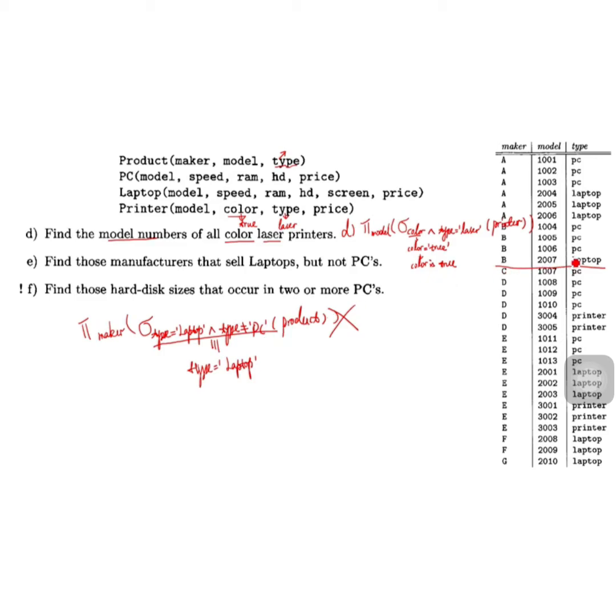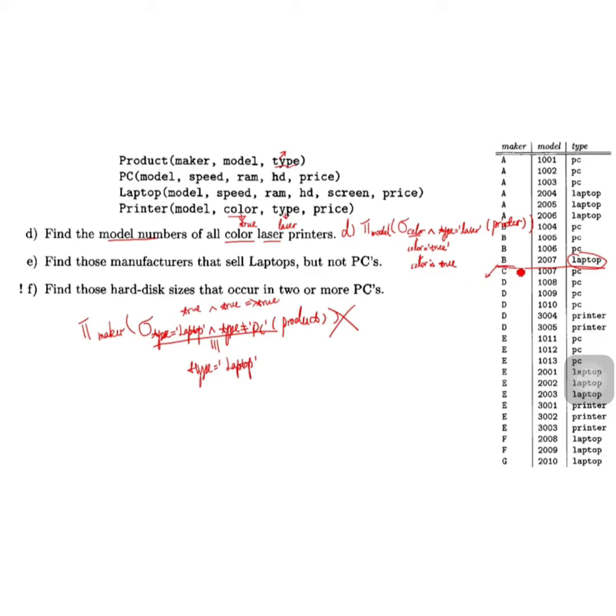Now we check the component on type. Okay, now type laptop is laptop. Yes, it's true. Laptop is not PC. Yes, it's true. True and true. Now we get true.